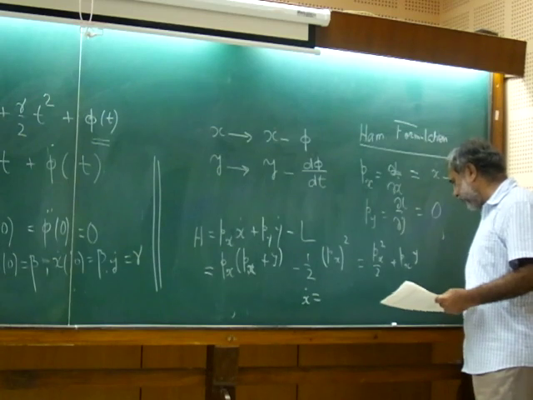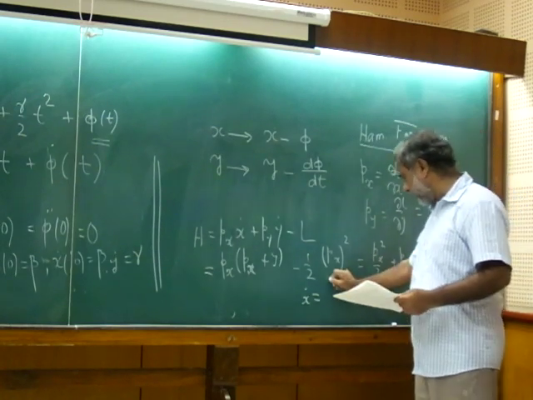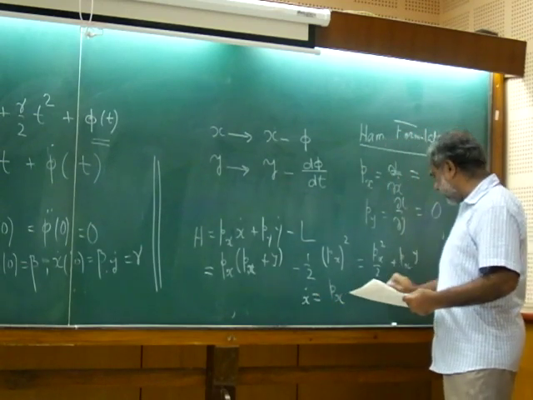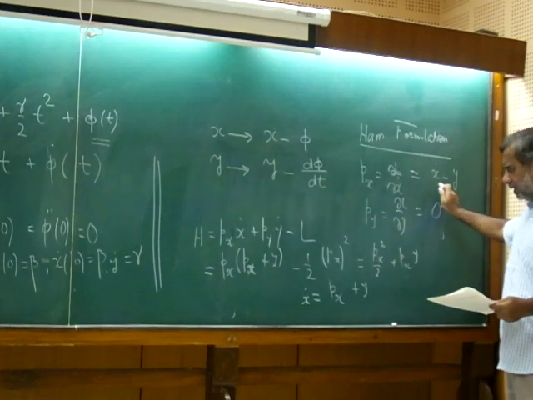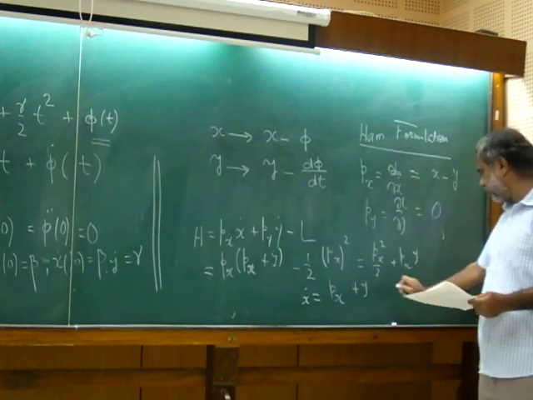So x with this term will give me just px, and with this term will just give me y. But this is okay, I will produce this equation at least. This is just this equation.